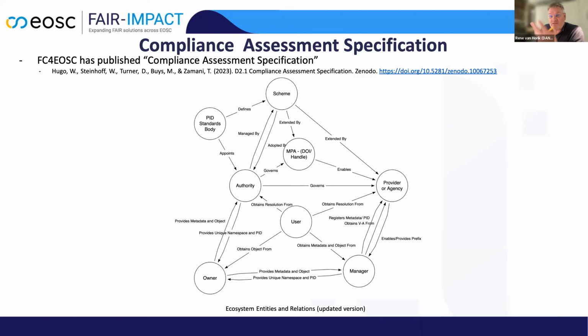For instance, DANS, where I work, we manage PIDs by using PID services to give data sets in our repository a PID. These are the most important entities we will look at.